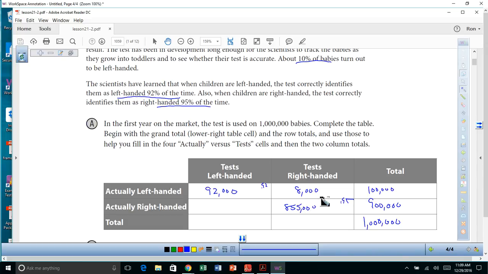All right, 900,000 minus 855,000 is going to be 45,000. All right, now if we add these two right here, we get 137,000. You add those two right there, you get 863,000. Okay, and if you add across there, that should be 1 million. All right, good, good.